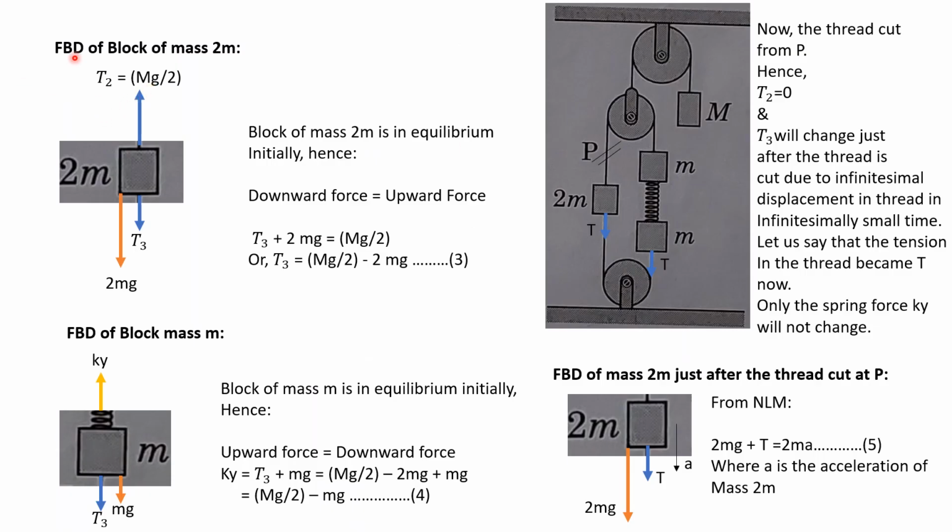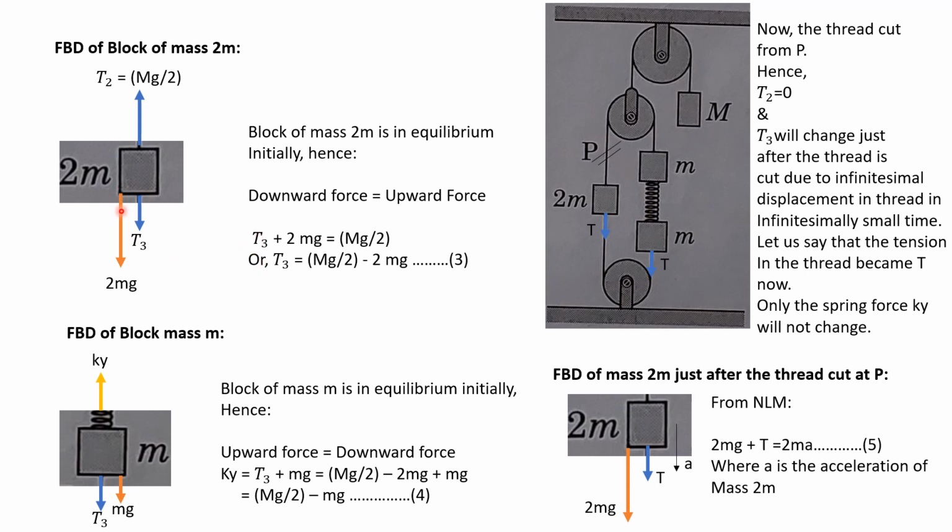Let us go on FBD of block of mass 2m from the previous page. It was attached to thread 2 on the top side. So T2 will act here on this block. Okay. And also attached at the bottom with the thread number 3. So T3 has come here. Okay. Which is acting downward.